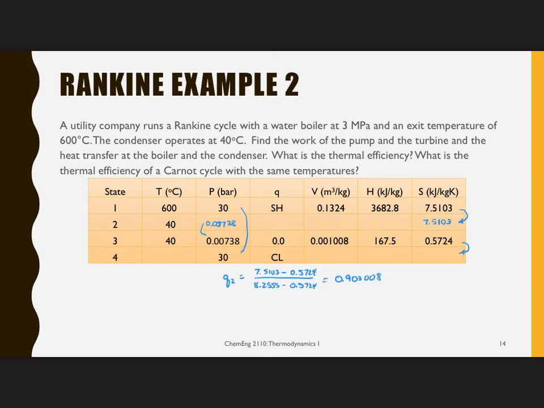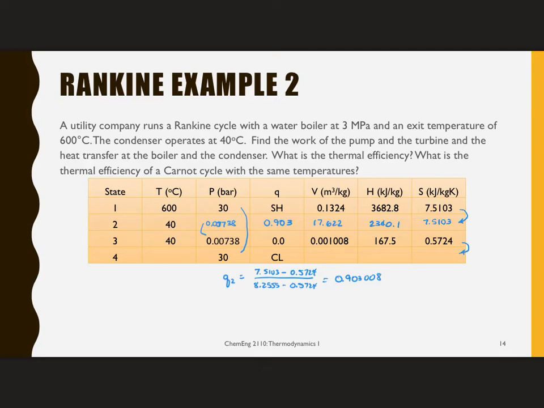So what this has done is increased the quality coming out. Before it was 0.73, which I said was in the zone where we are going to end up with damage to our turbine if we operate that way. And now we've brought it up above 90%. Not a lot above, but it is above. And if I look up and calculate the rest of these using the definition of quality, we end up with those.